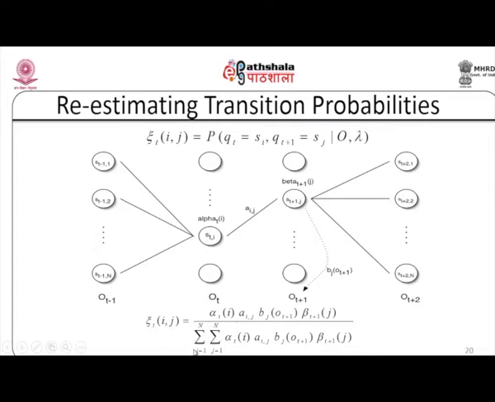The i states we are talking about at t and the jth state we are talking about at t plus 1. So, we are taking i equal to 1 to n, all the states in the tth time period and all the states in the jth time period, and we calculate for everything. That is what is called re-estimating the transition probability.